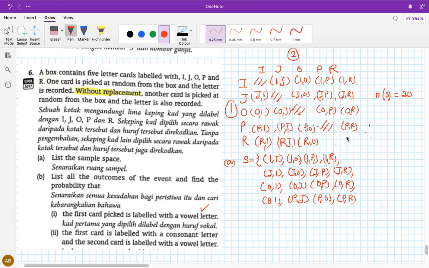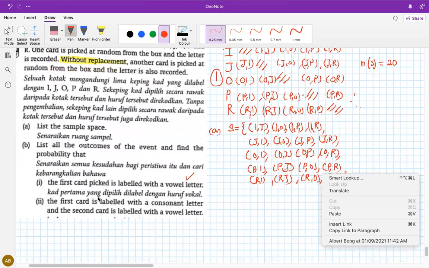PR. Then this one RR cannot be, so it's RP. Okay, so RI, RJ, RO, RP. So you can check, it is 4 by 5, 20.